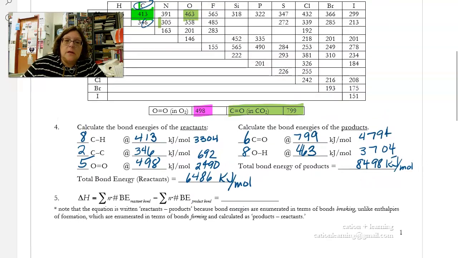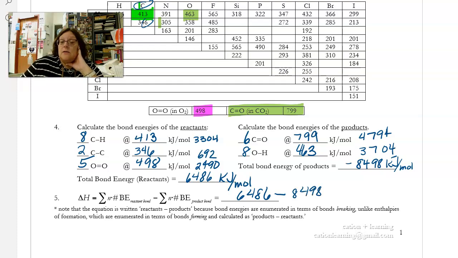Remember, forming means they're more stable. They're going to release their energy. Because they formed, that's exothermic. So we're going to combine the two. We're going to take our bonds that broke, 6486. They're endothermic, they're positive, and we're going to add that to these bonds that formed, which is 8498.